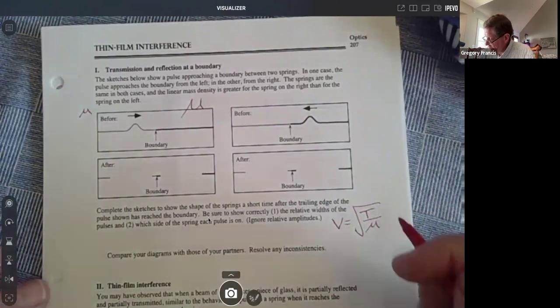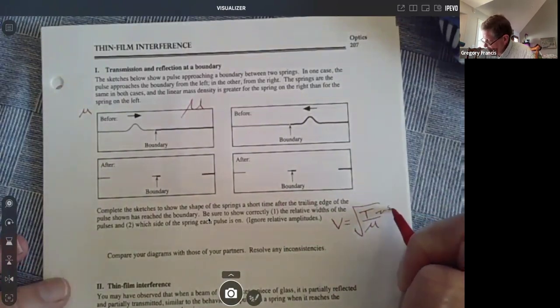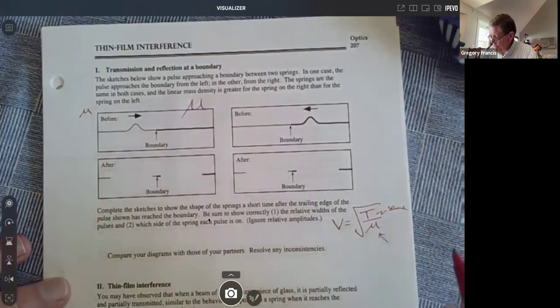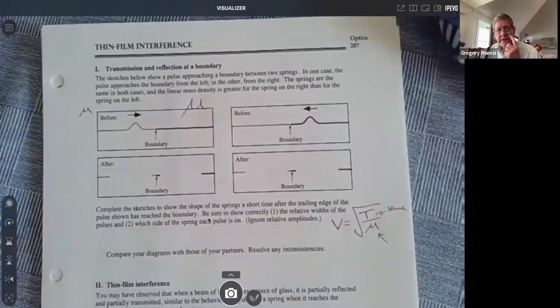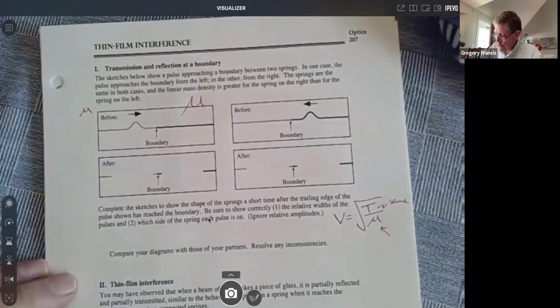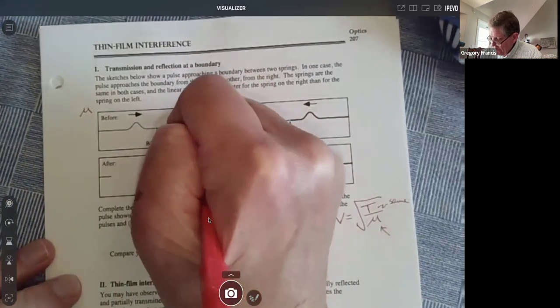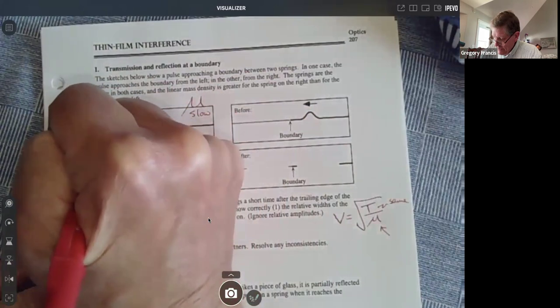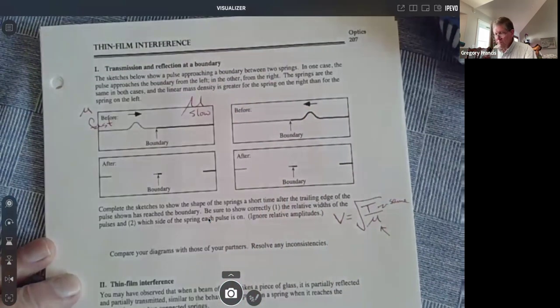And so the tension is going to be the same for both. And so whichever of those springs has the bigger mass density is going to be the slow spring. And so this side over here is slow, and this over here is the fast.